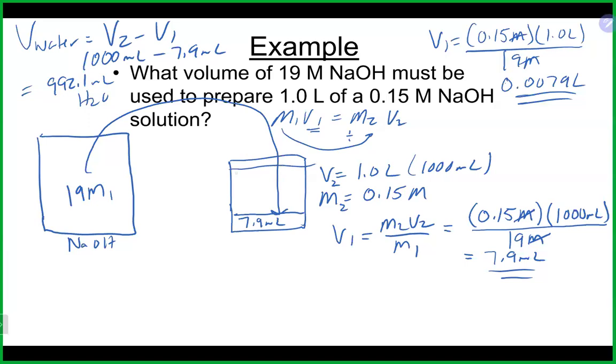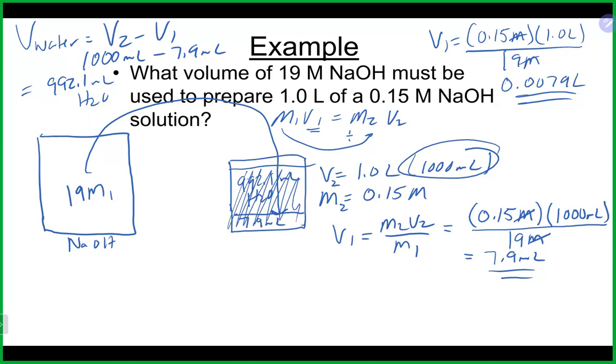So I would top in there 992.1 milliliters of water. When I do so, that gives me a total volume of 1,000 milliliters, which is what I'm looking for. And at this point, I could actually give it a little mix and shake. And what I should have at that point is now a solution that has a molarity of 0.15 molar.